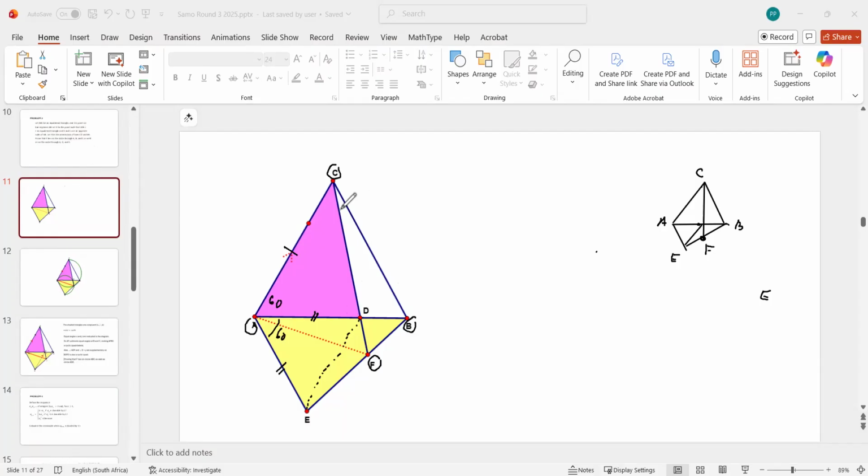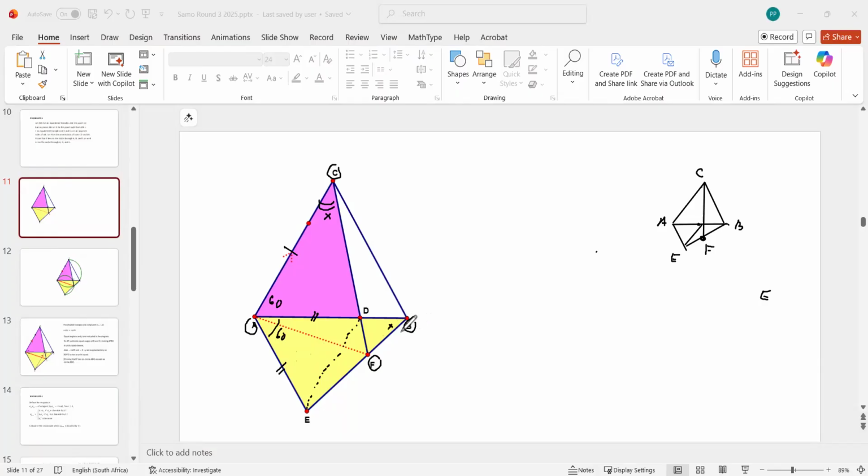In particular, suppose I take this angle here, this angle in the purple triangle. Let's call it X. Now that is opposite the double stroke in the purple triangle. And the angle opposite the double stroke in the yellow triangle is that one.